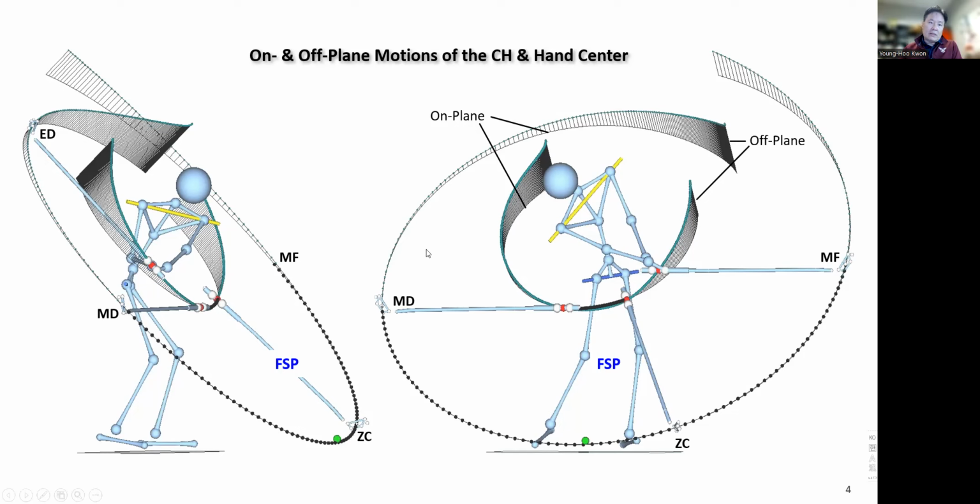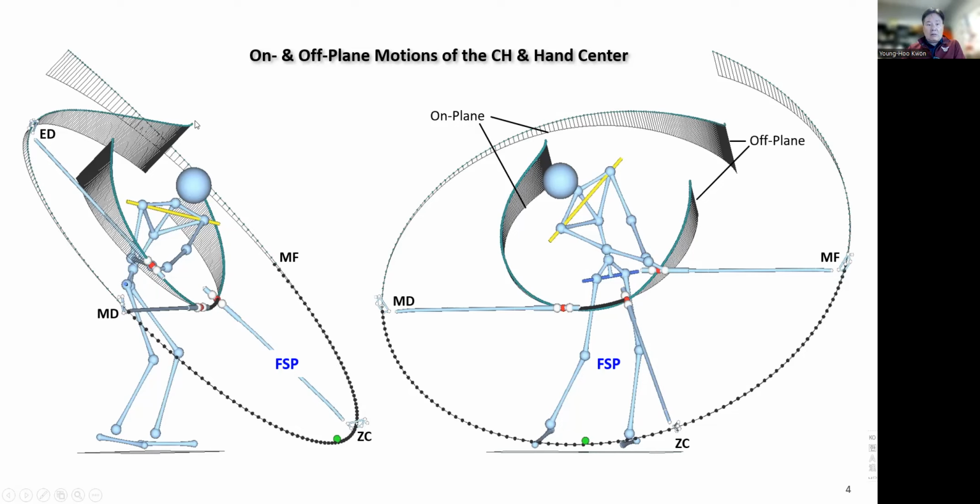Depending on the swing style, in some cases, the club head will quickly move toward the swing plane early on the way down, and then stay fairly close to the swing plane up until mid follow through, and then start moving away from the swing plane toward late follow through.